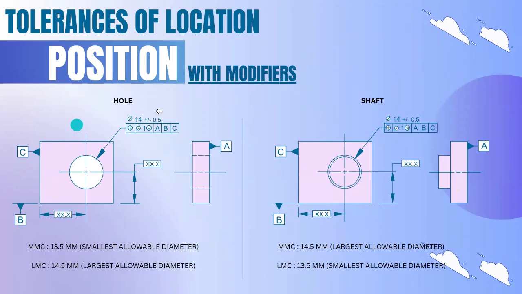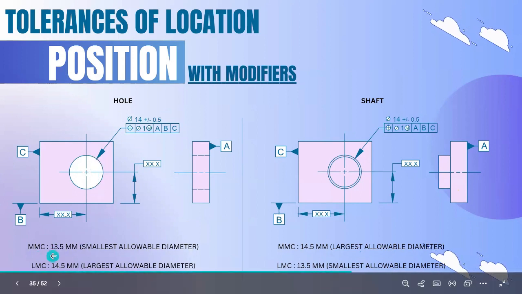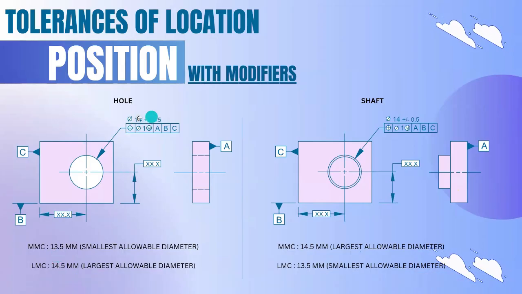So here at the left hand side is the hole. For this hole, MMC will be 13.5. You can see the diameter 14, plus or minus 0.5 is the tolerance, so the range will be 13.5 to 14.5.